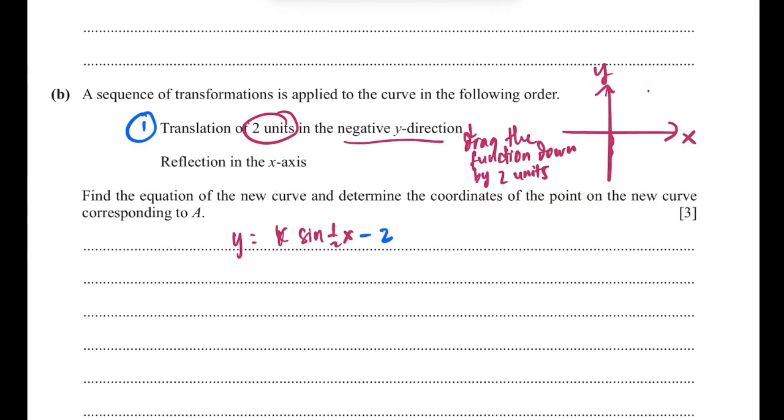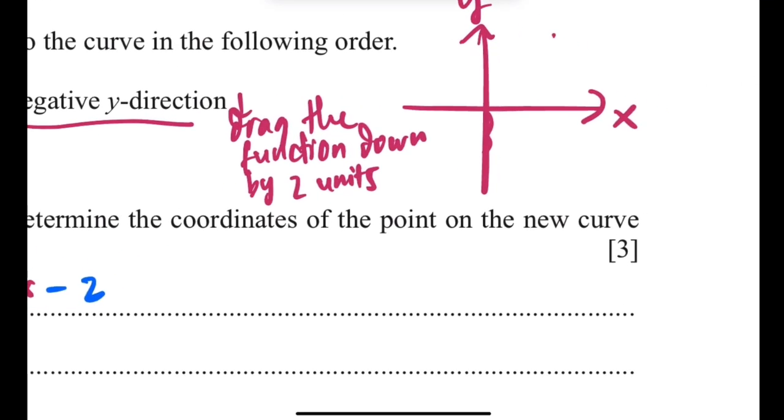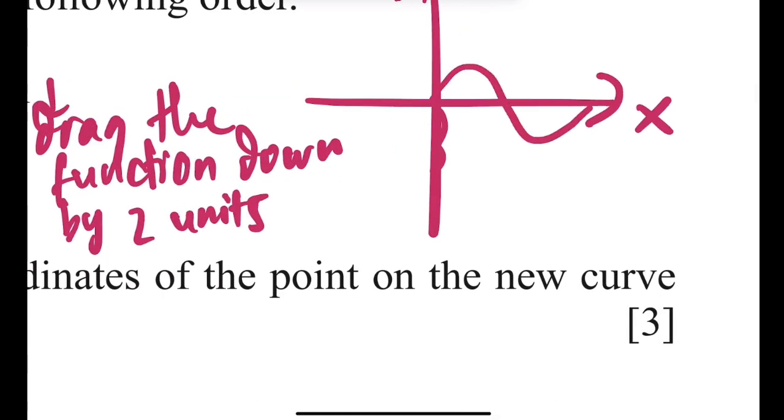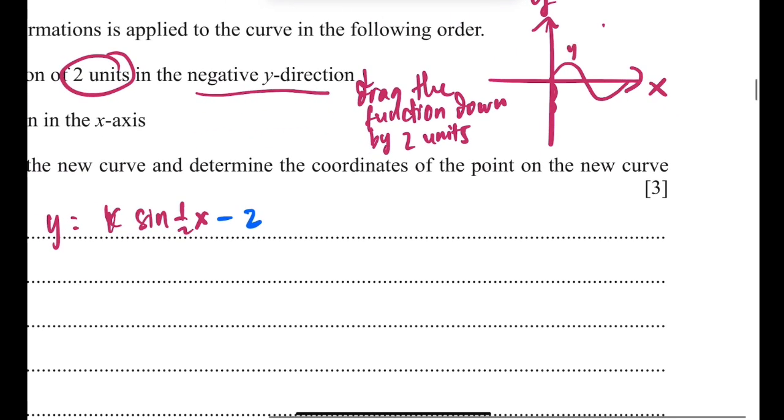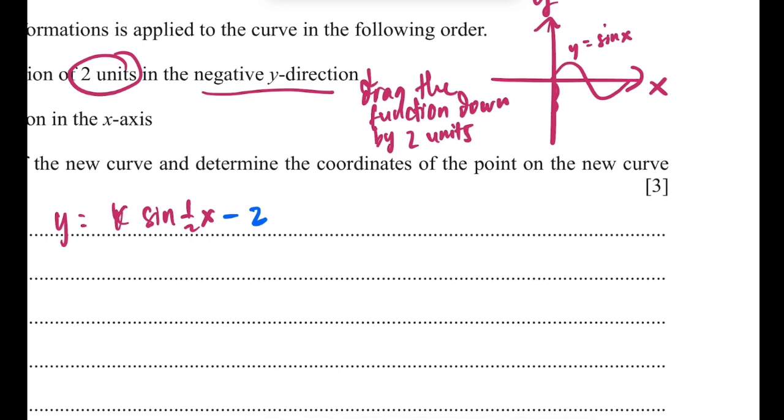Now, the second transformation is reflection in the x-axis. If we talk about reflection in the x-axis, we can treat the axis as a mirror. Let's give another example, sine x. If we want to reflect in the x-axis, that means we flip, making the x-axis the center of the reflection.